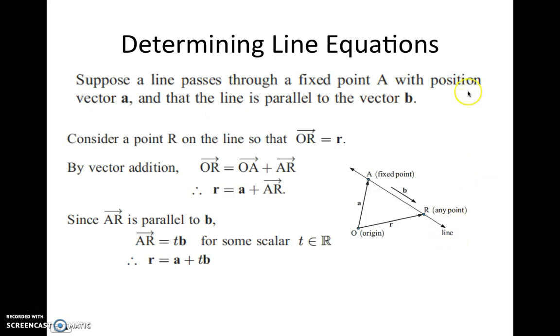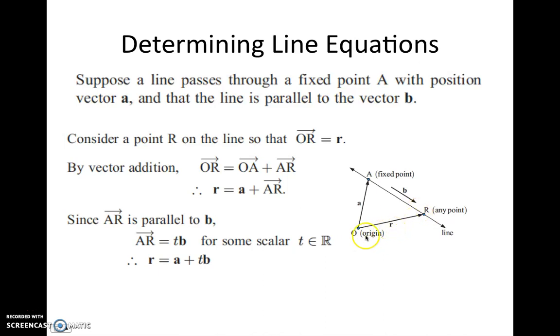So, determining line equations. Suppose a line passes through a fixed point A with position vector a, and that the line is parallel to the vector b. According to this diagram, consider a point R on the line so that OR is equal to r.